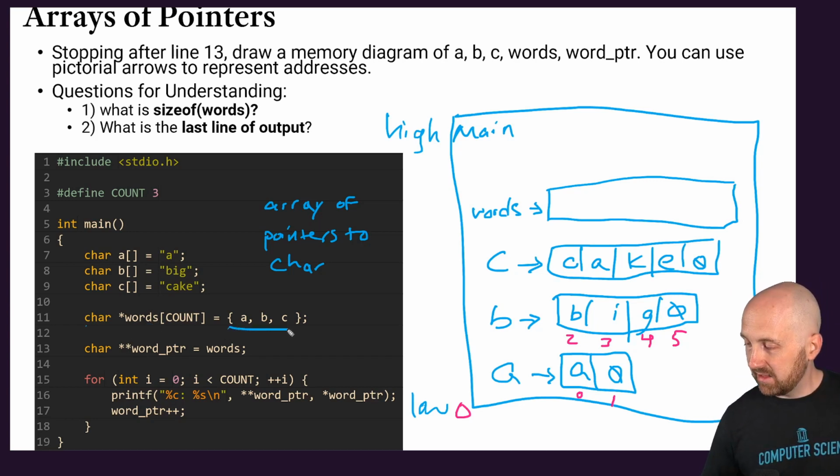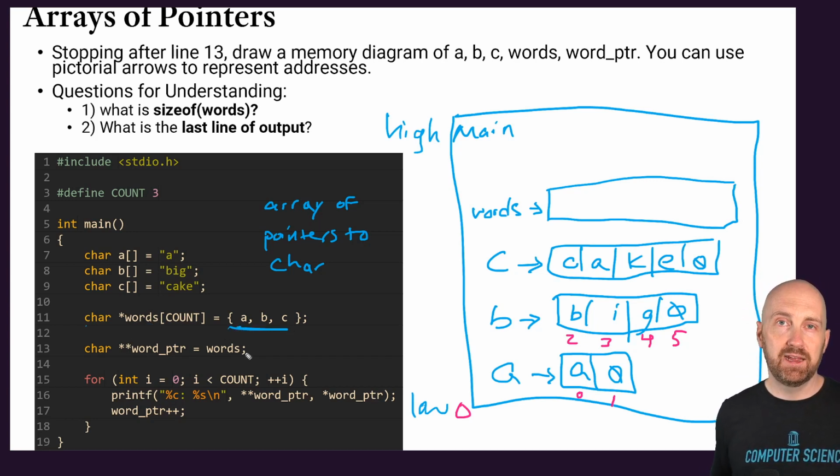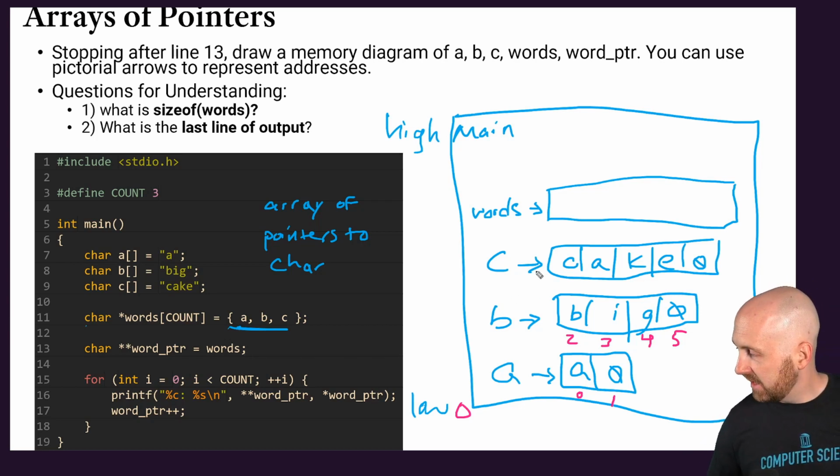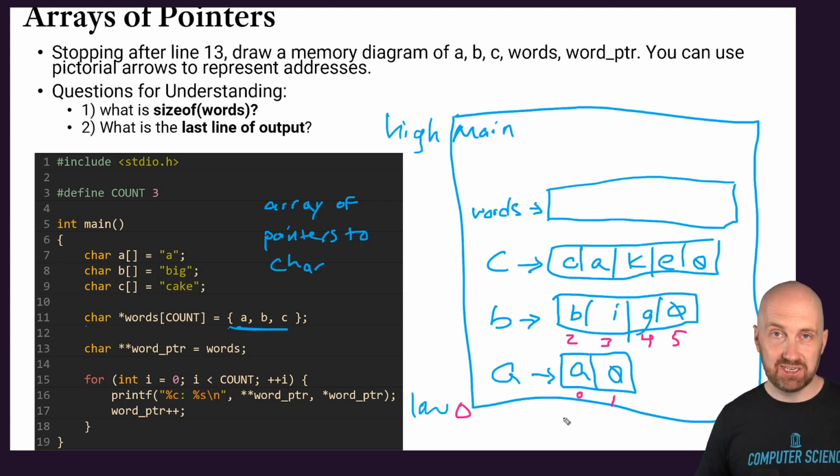Well, what do we initialize this to? Well, there are 3 elements of this array. And the first element is A, which is an array name. And what we've just learned is an array name evaluates to the address of its first element, right? So I'm actually not going to write in the address of A, which would be 0 if we were using these made up addresses.